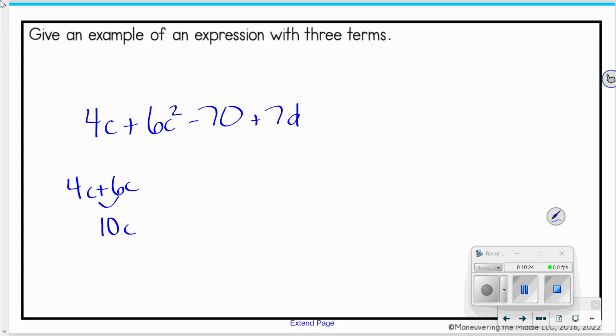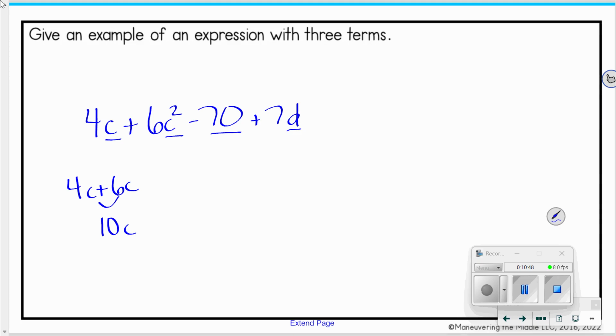The key here is they all have something different. This has just a c. This has c squared. This is just a constant. This has a d. That makes each of them different. Does that make sense? Each one has different pieces to it that I can't put together.